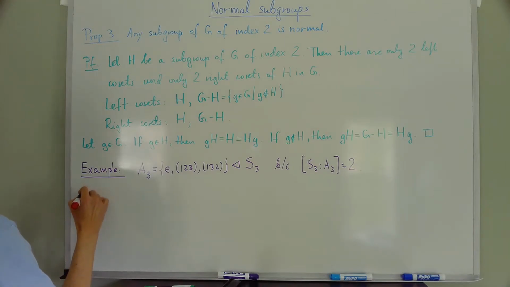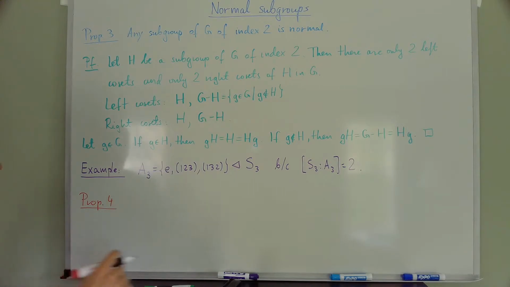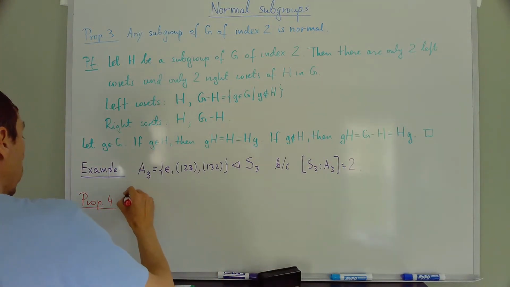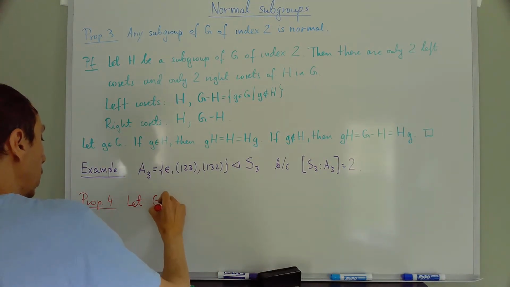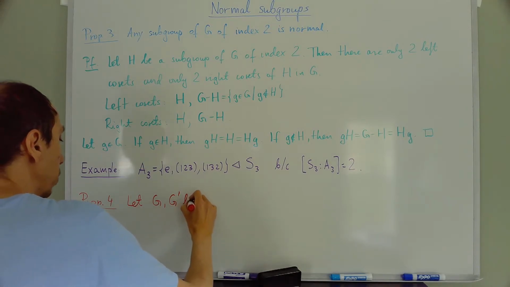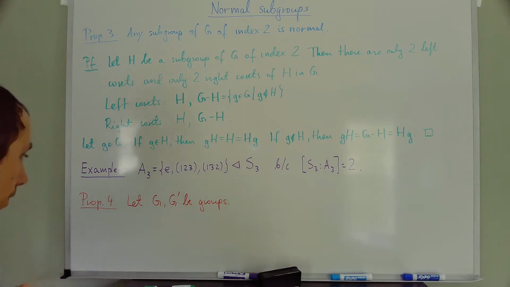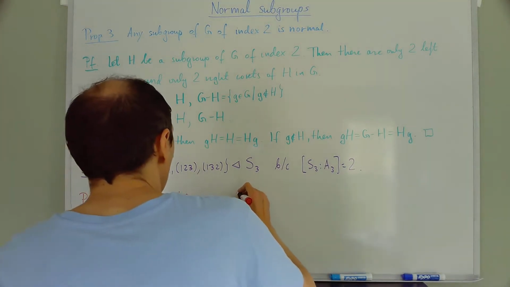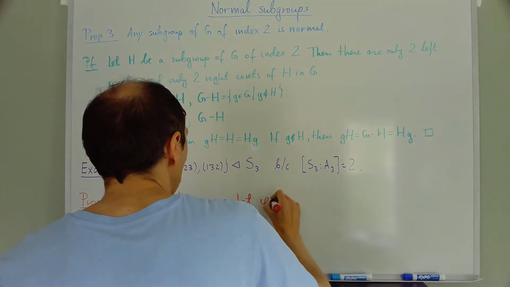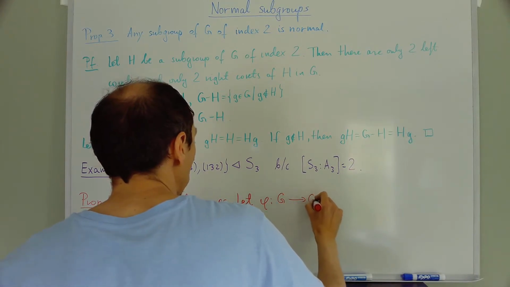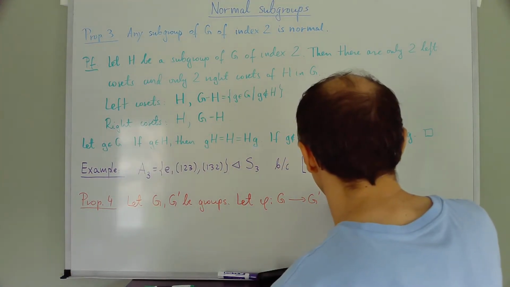So the next proposition gives a very important example of normal subgroups. So proposition 4. Let G and G' be groups, let phi from G to G' be a group homomorphism.